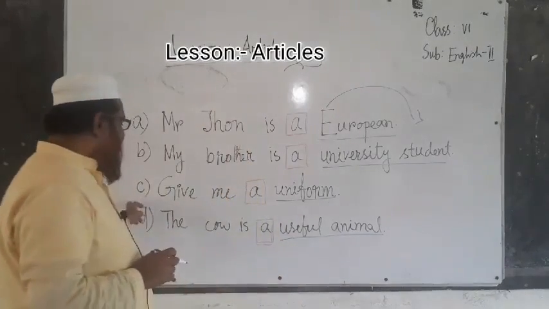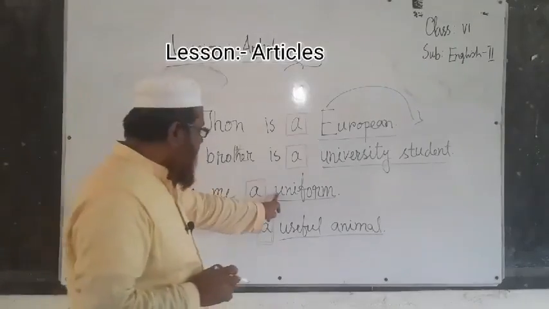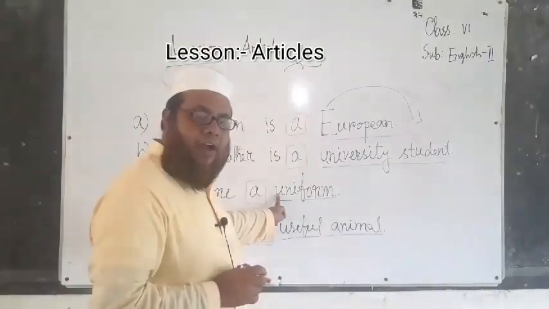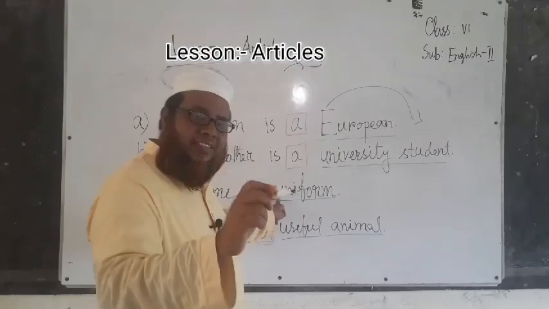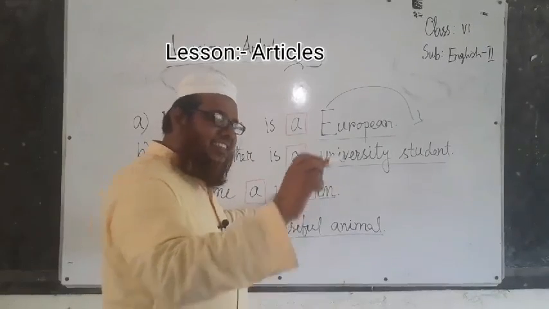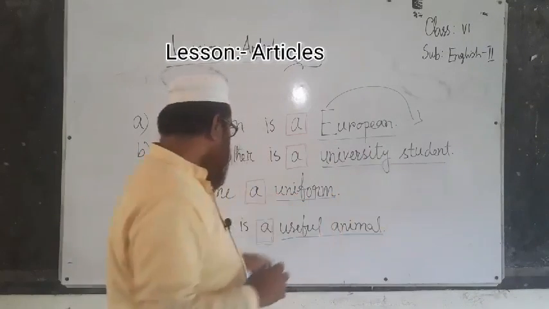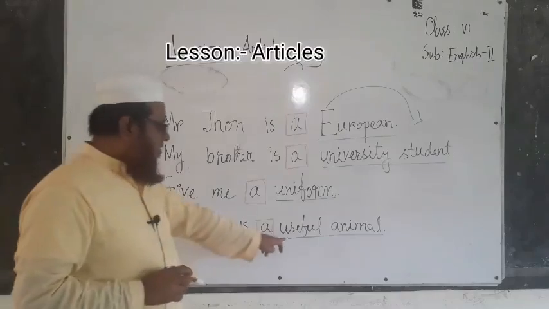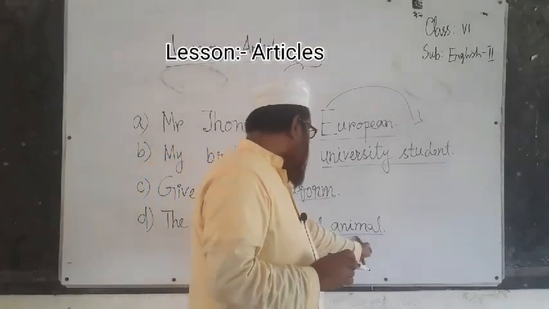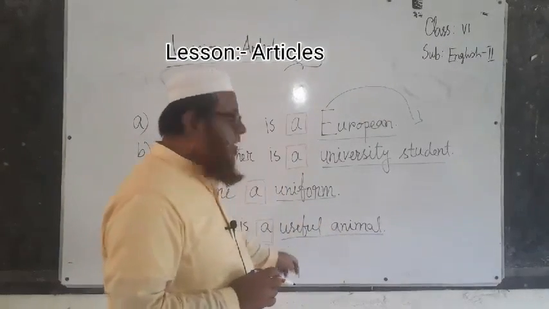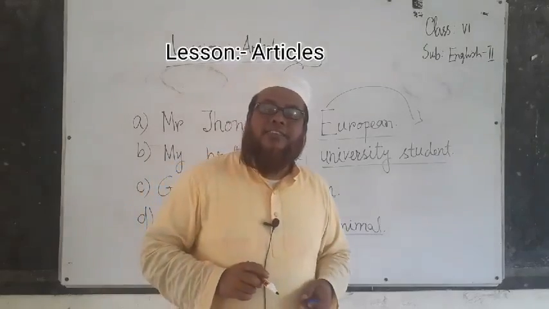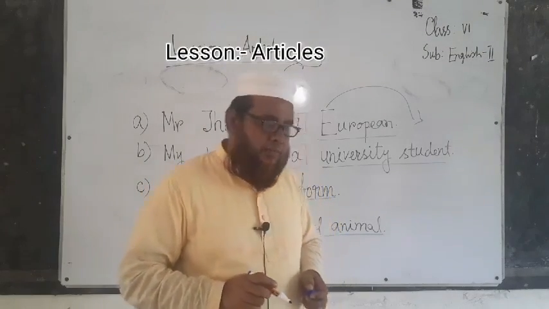In the third sentence, same matter, uniform. Here also U is pronounced as 'yoo'. In the last sentence, same matter, useful animal. Here U is pronounced as 'yoo'.